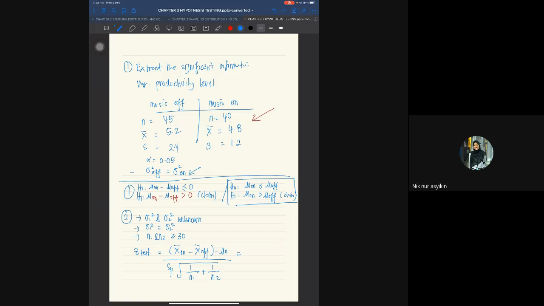I got negative 1.04450. Is it correct? Does everyone get the same answer? Another student got negative 0.59531. Anyone else? Which answer did you get, the first one or the second one? The second one.